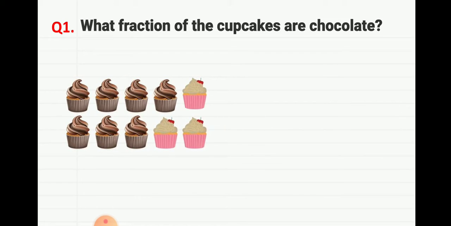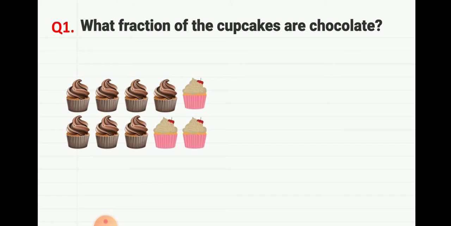Let us have a look at how we can frame problem sums on fraction. Question 1. What fraction of the cupcakes are chocolate? You can see there are how many cupcakes? You can count them. There are 5 cupcakes in each row. So the total number of cupcakes is 10.